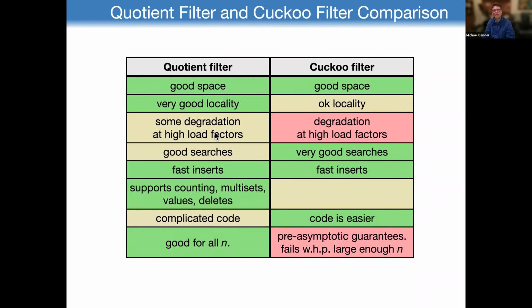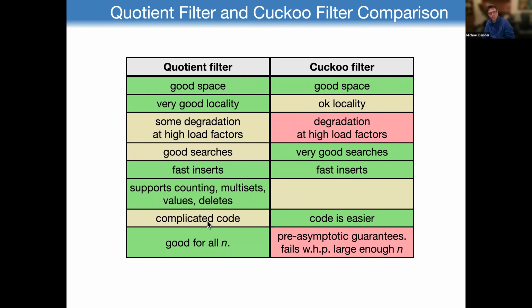Quotient filter has some degradation at high load factors. Cuckoo filter degrades a little bit more at high load factors. Cuckoo filter is really good at searching, so somewhat better practically speaking than the quotient filter. They're both fast at inserts. Quotient filter maybe supports more values, multi-sets and deletes, though probably that can be added to the cuckoo filter as well.